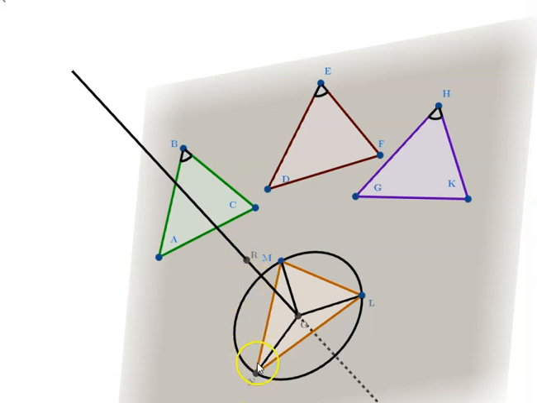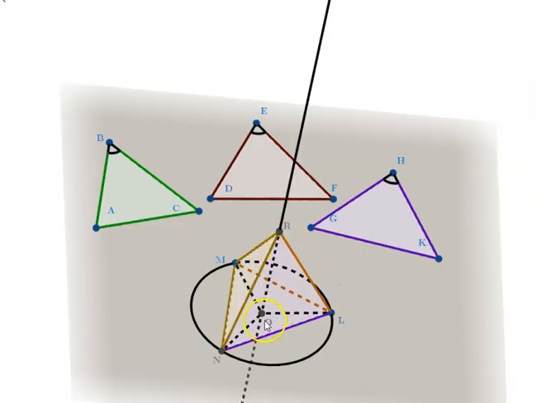And now we join RN, RM, and RL. RO is perpendicular to the plane of LMN.